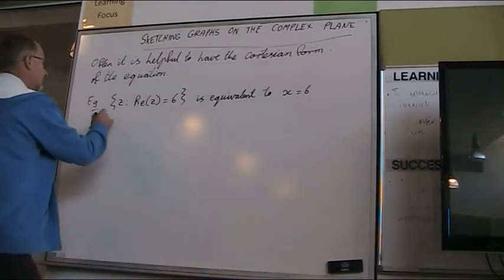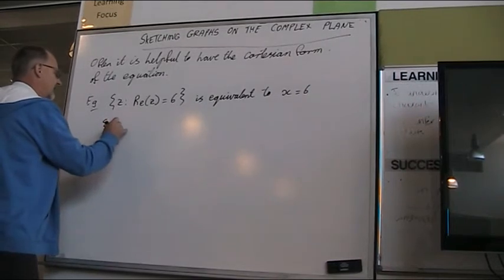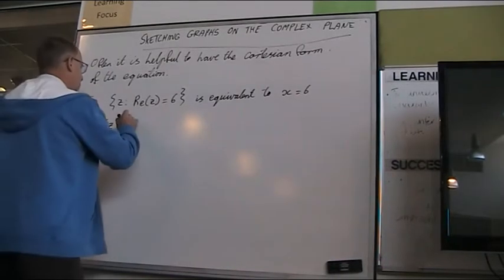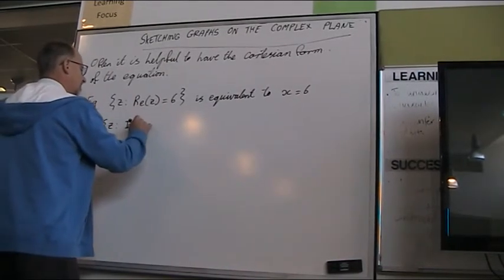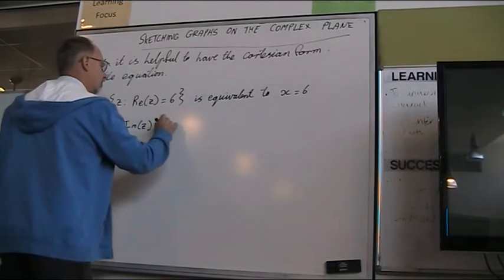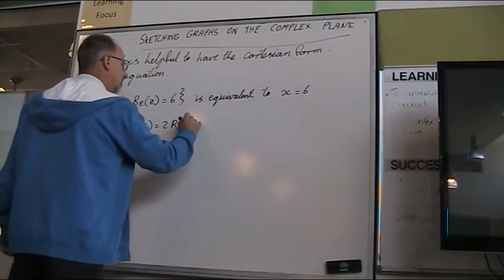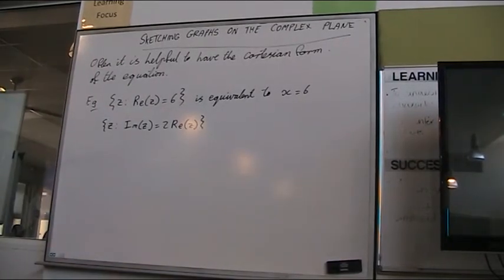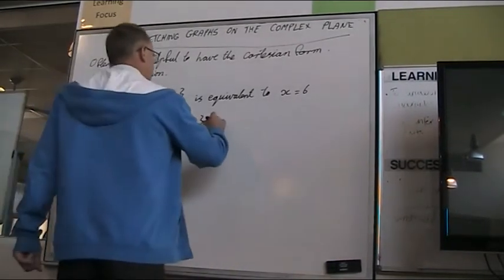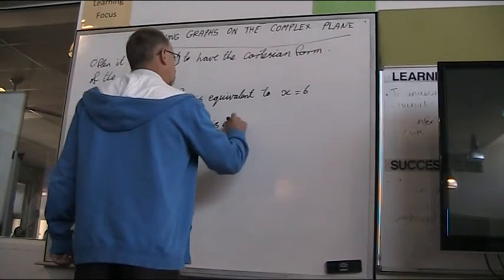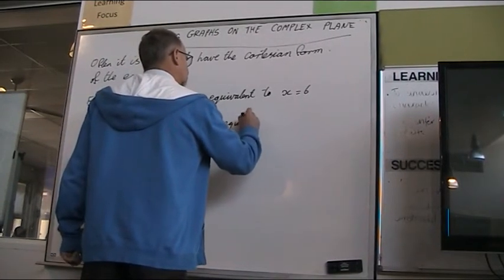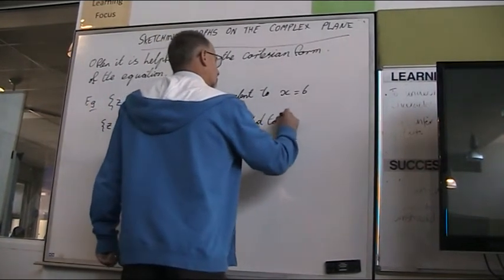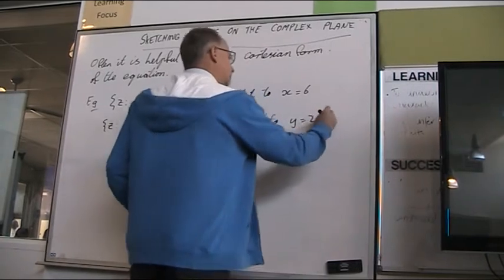And so similarly, something like Z, where the imaginary part of Z, say, is twice the real part of Z. If you think about that in Cartesian form, that's equivalent to y equals 2x.